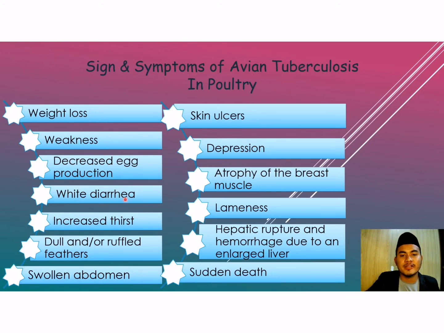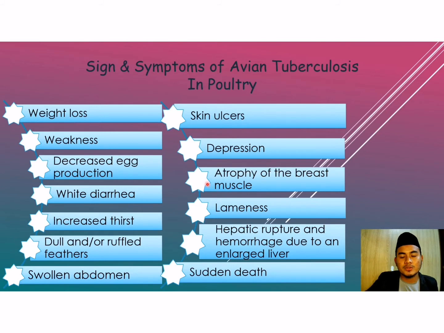And then white diarrhea, increased thirst, dull and rough feathers, and then a swollen abdomen, skin ulcers, depression, atrophy of the breast muscle, lameness, hepatic rupture, and hemorrhage due to an enlarged liver. And last but not least is sudden death.